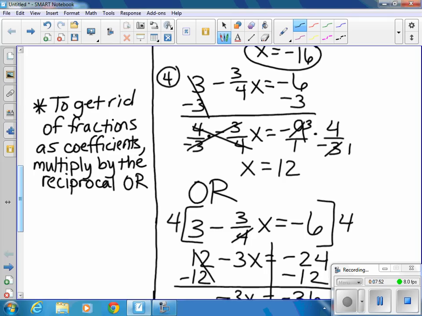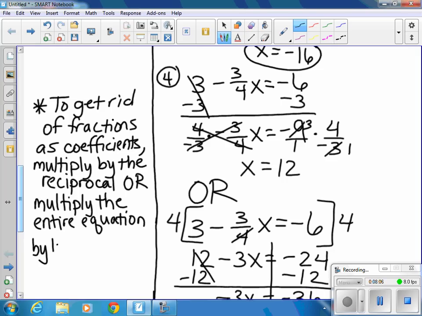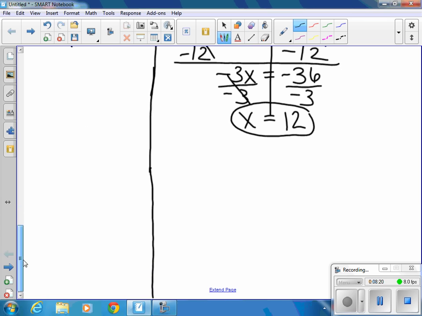Or multiply the entire equation by the least common denominator. So those are the two versions that I showed you that you need to practice with and make sure that you find one that works in your favor.